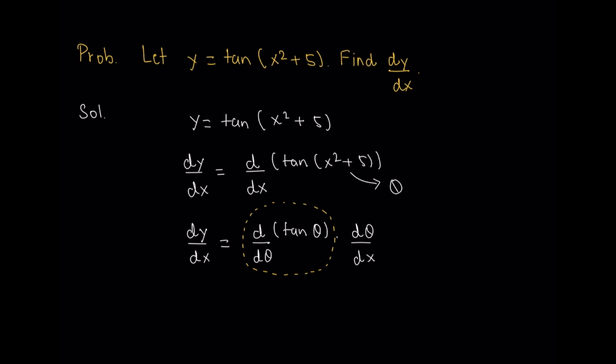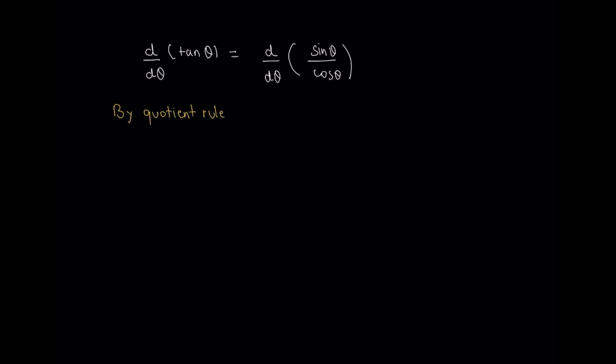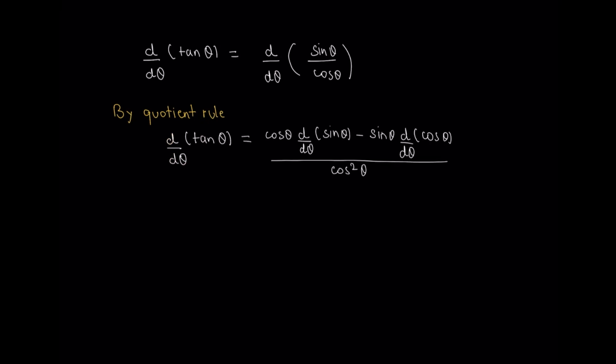But first let's calculate the derivative of tan theta. So d by d theta of tan theta can be written as sin theta upon cos theta, and by using the quotient rule I can write it as cos theta, that is the second function, times the derivative of the first function sine theta, minus sine theta times the derivative of the second function, upon the second function square, that is cos square theta.